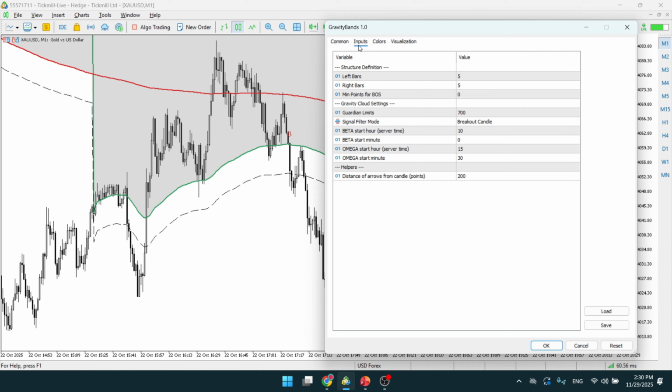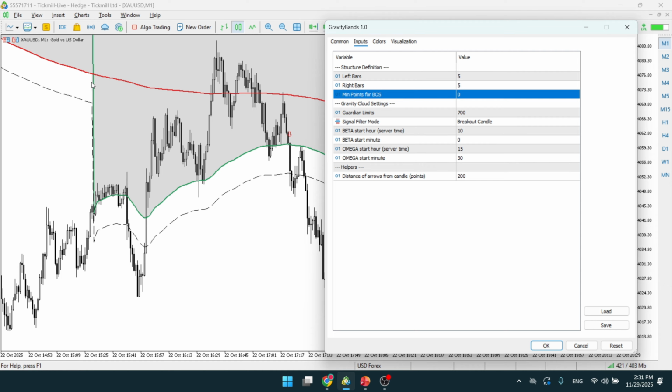For example, here when we have this signal, basically we have broken this swing, and the low of this swing is lower than 5 candles at the left and 5 candles at the right. So we have a swing composed of 5 to 5, and as soon as we break the swing, we have a signal. You can clearly set how many points we need until this signal is valid. That's what is related to structure.